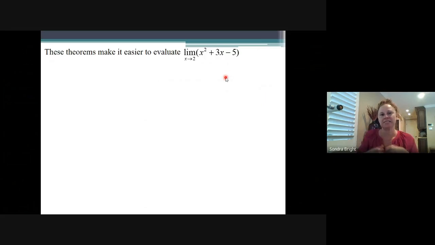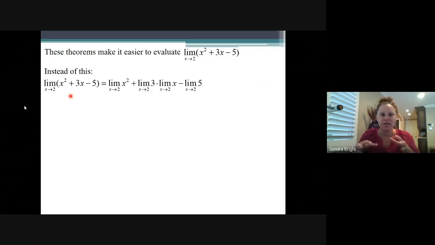These theorems make it easier to evaluate limits. They are what tell us that when you've got a polynomial, you can just plug it in. Instead of writing it all out, which you don't need to do because it's a pain, take the limit of x squared plus 3x minus 5 as x goes to 2.